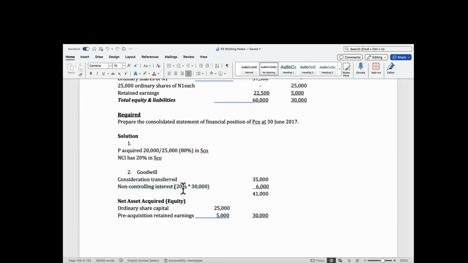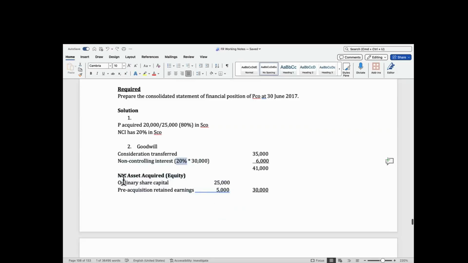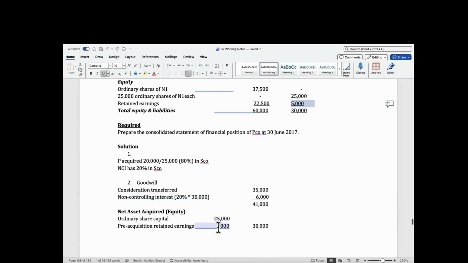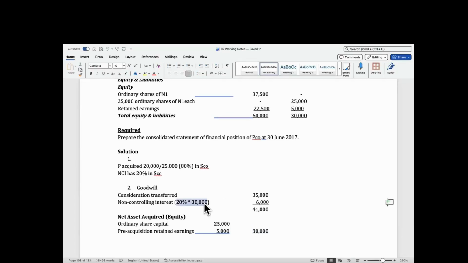His share is 20% of the net assets. And the net assets of the subsidiary at the date of acquisition is the share capital of the subsidiary, which is this 25,000, plus the pre-acquisition retained earnings of the subsidiary, which is this 5,000. So together gives 30,000. It is only after I've determined this that I can come and do this, which is 20% of that 30,000. That gives 6,000.